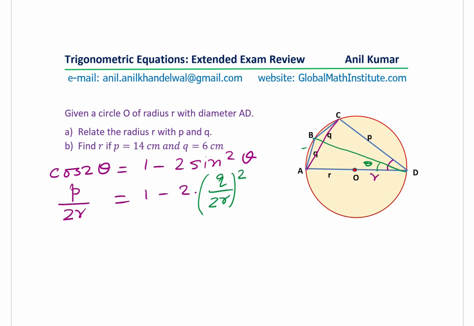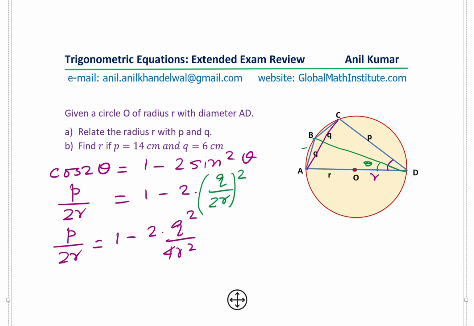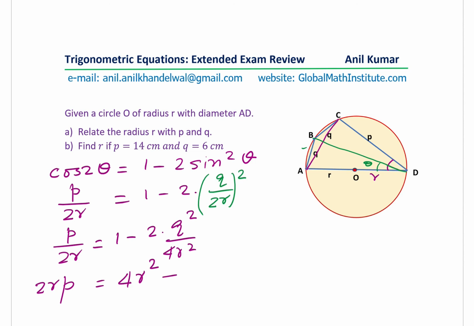So we could simplify this and find the relation. It is P over 2R equals 1 minus 2 times Q square over 4R square. Now, multiplying all the terms by 4R squared, we get 2R times P, plus 4R squared, minus 2Q squared, correct?